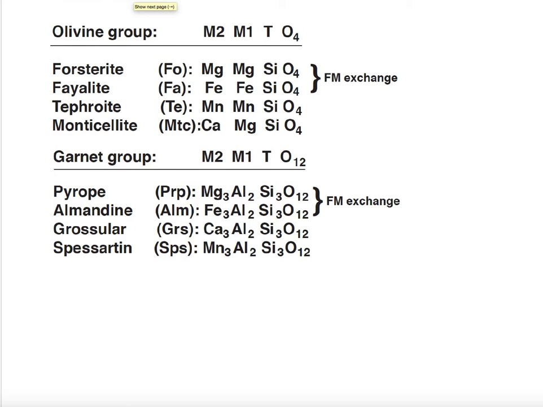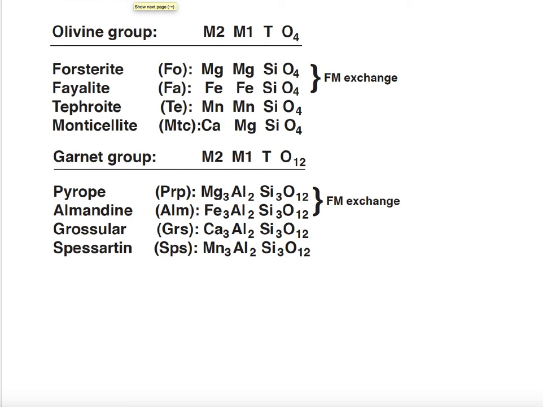But now we are doing the next step. We would like to form a garnet at higher pressure conditions. Higher pressure conditions are also reflected in the mineral chemistry. Therefore, we are replacing on the M2 side magnesium and iron with calcium.